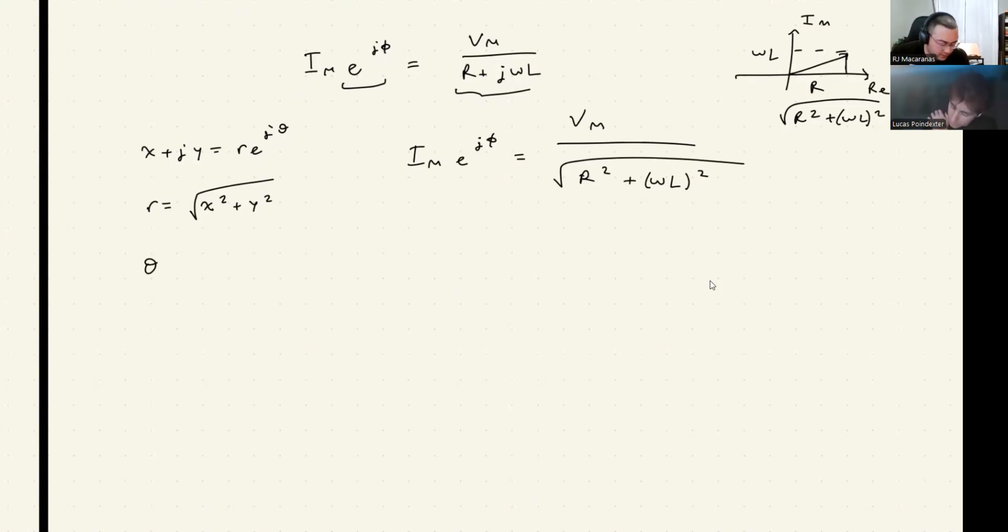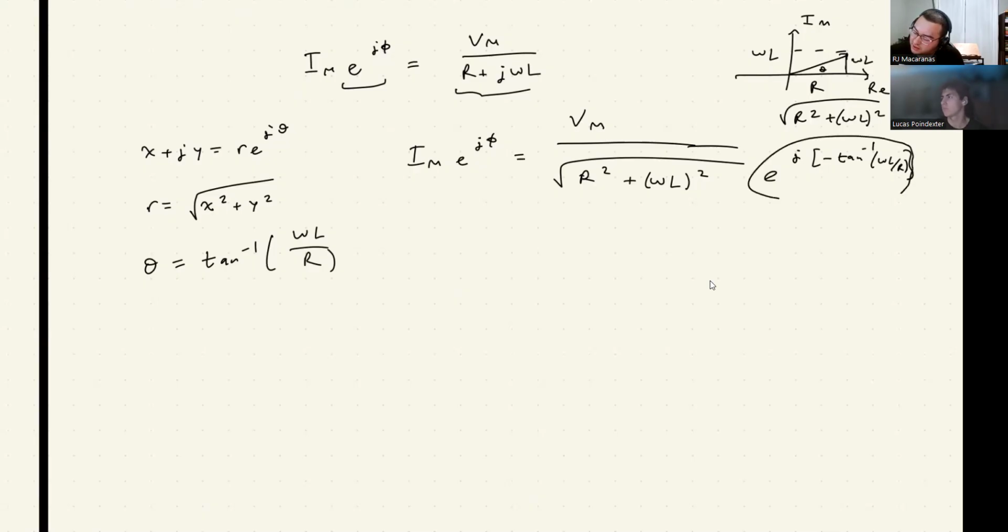If that's our theta, we know that this height is omega L. So our theta is given by the tangent inverse of omega L over R. So going back to this, we have our e to the j times minus tangent inverse omega L over R. And this negative sign comes from the fact that this complex number is in the denominator, so we need a negative sign there because our exponential is technically in the denominator.